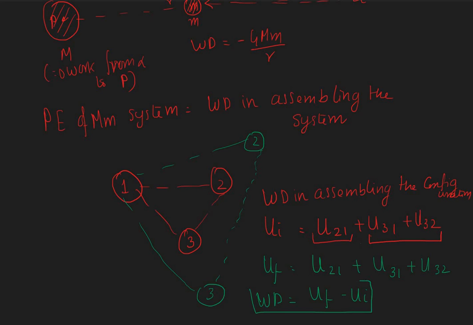This is the same idea that we use when we find the energy required to lift a satellite from one orbit to another. So you have a satellite and you want to move it from orbit 1 to orbit 2, and this is your Earth. What you do is you first find out your U1, and then you find out your U2, and W will be U2 minus U1.